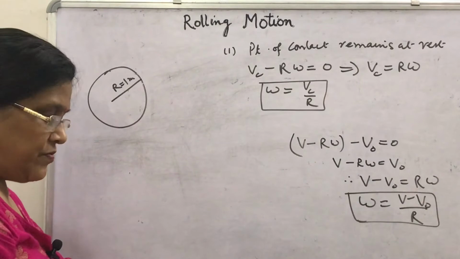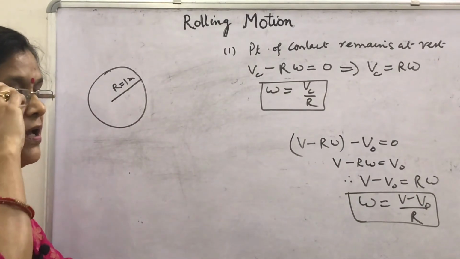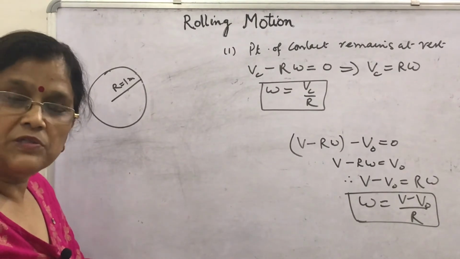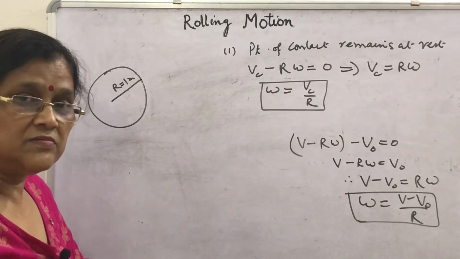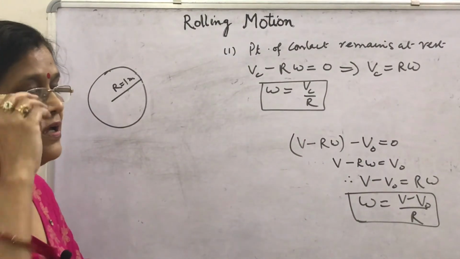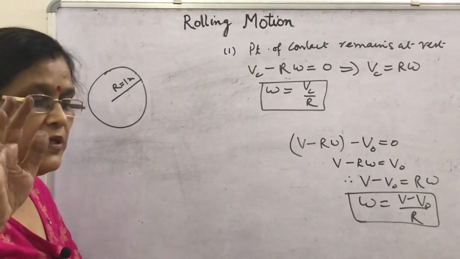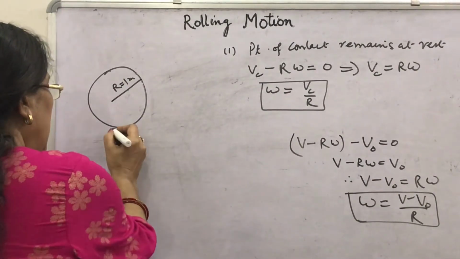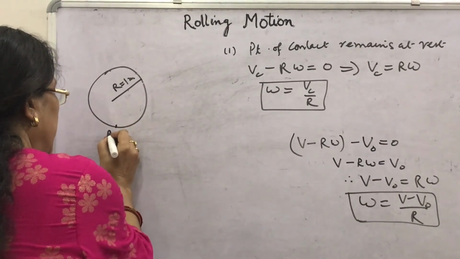When a wheel of radius 1 meter completes half of the rotation without slipping, again by language, without slipping it means pure rolling, find the displacement of the point P, which is shown here at the lowermost point P.